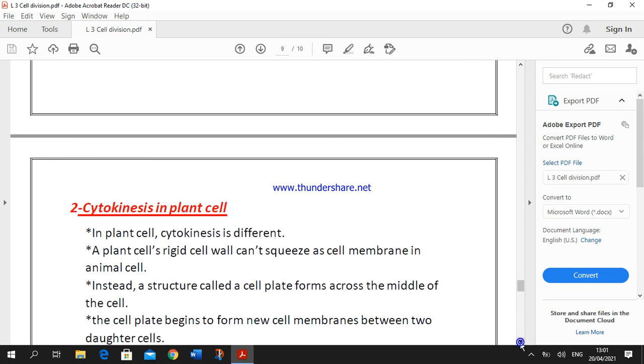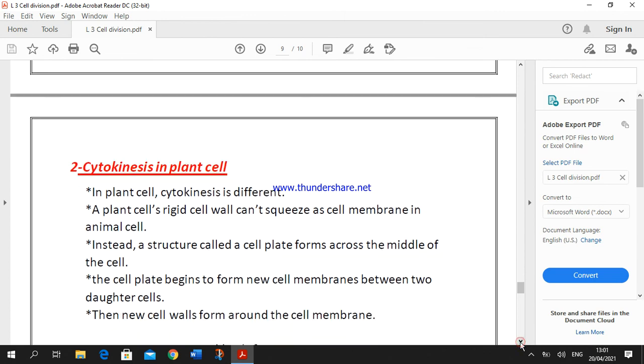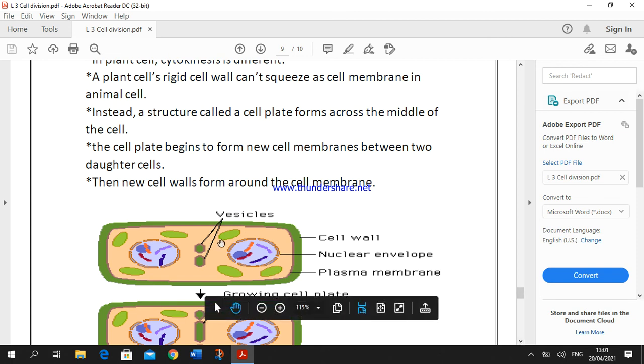Okay, because plant cells are surrounded from outside by a rigid cell wall that is composed mainly of cellulose. So the cell wall can't squeeze like the cell membrane in animal cells. What happened instead? Instead, the plant cell forms a structure called a cell plate, as we see, okay, across the middle of the cell.